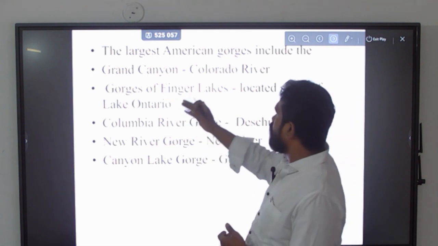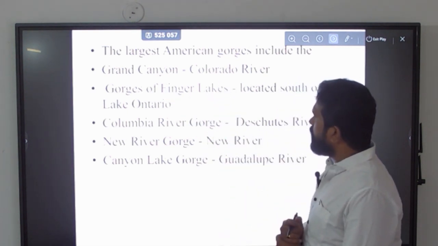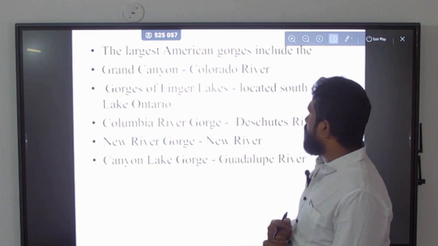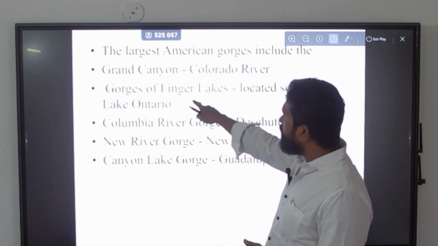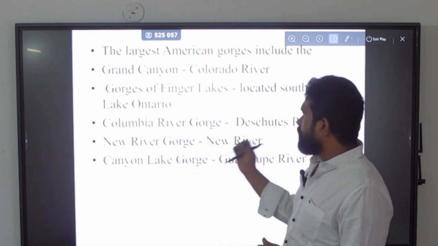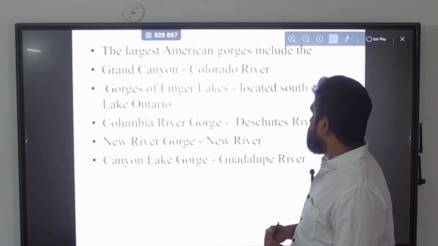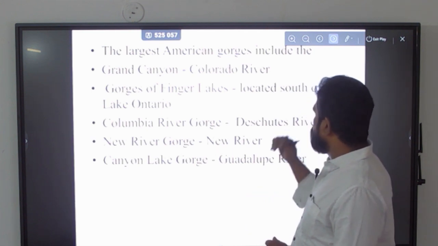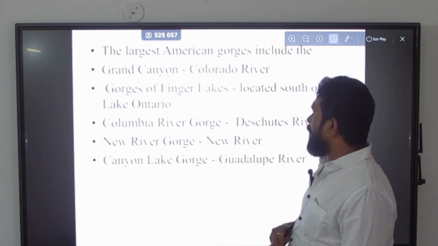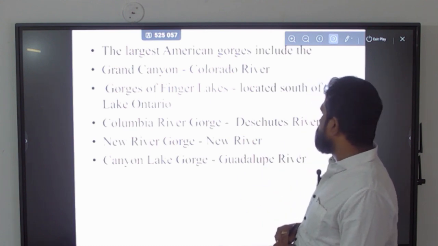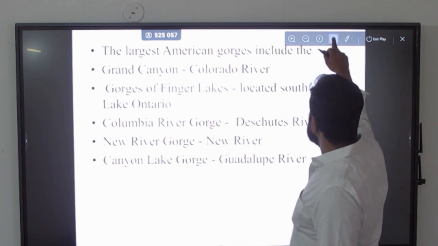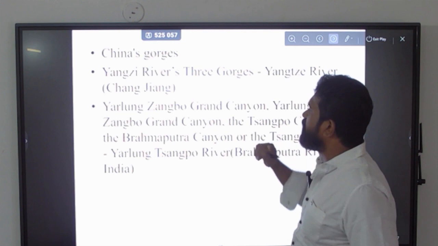One is the Grand Canyon, by the Colorado River, and we have the gorges of the Finger Lakes, which were created by Lake Ontario, not by a river. And the Columbia River Gorge, by the Deschutes River, the New River Gorge, by the New River, and Canyon Lake Gorge, by the Guadalupe River. So these are some important gorges in the United States of America.